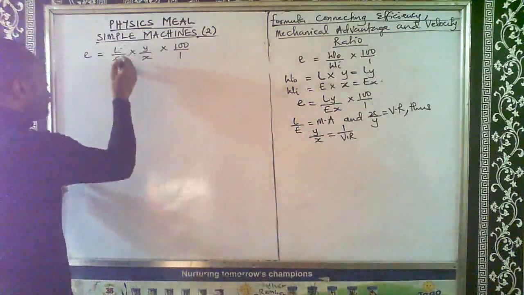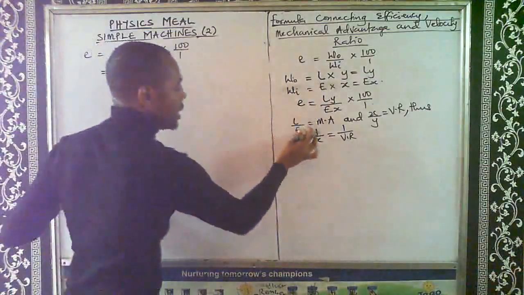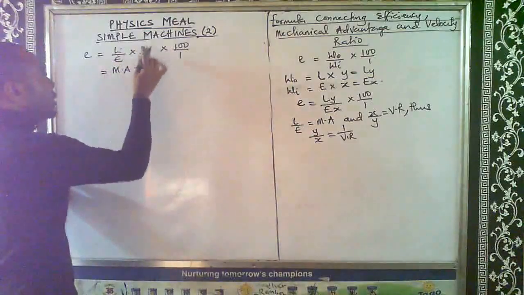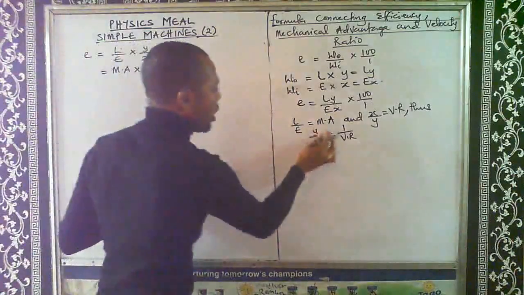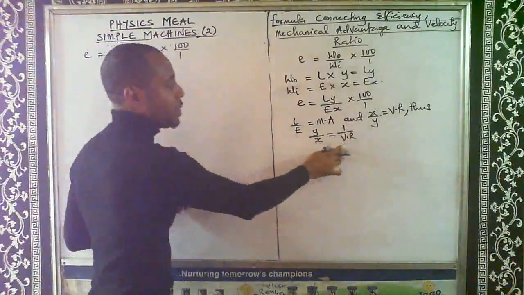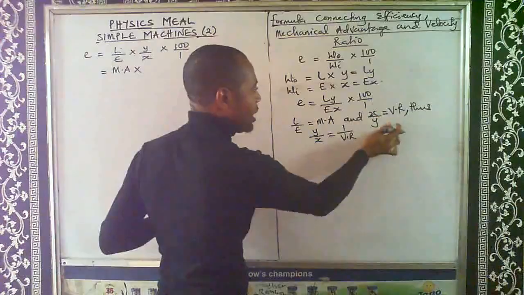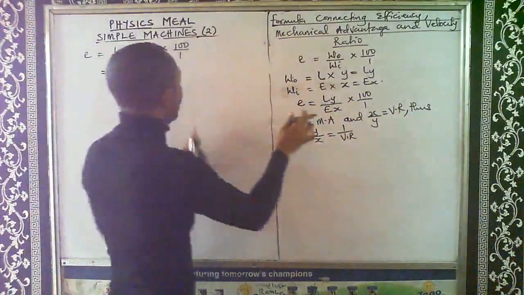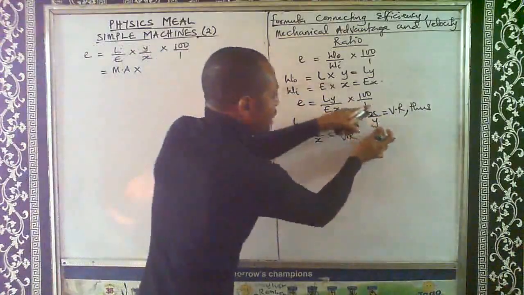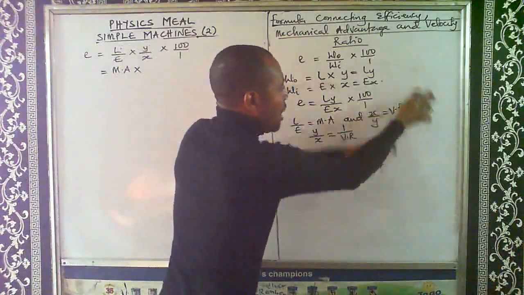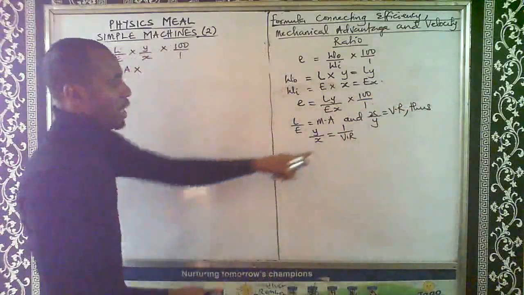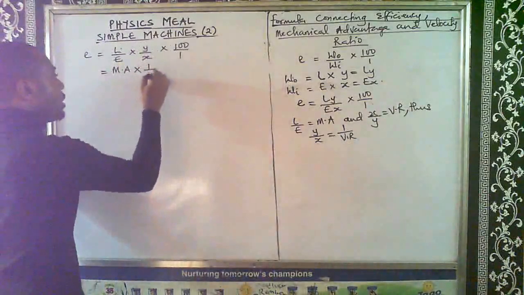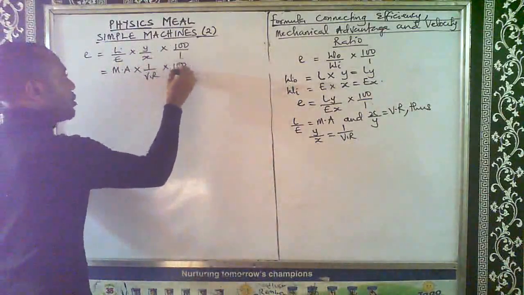So what is L over E? L over E, load over effort, is mechanical advantage. Times what is Y over X? Y over X is 1 over VR, because X over Y is VR. But here we have Y over X. If I want to get Y over X, it means I need to turn this, and if I'm turning this, I'm also turning this. That's why it is 1 over VR. So times 1 over VR times 100 over 1.